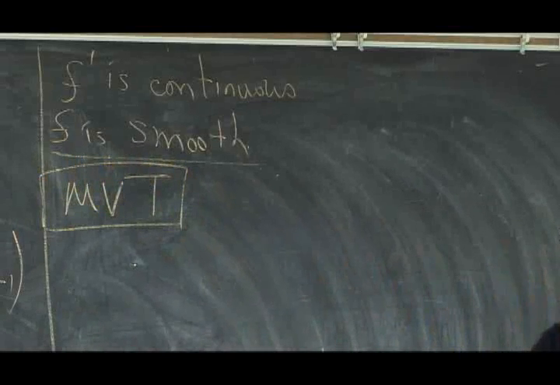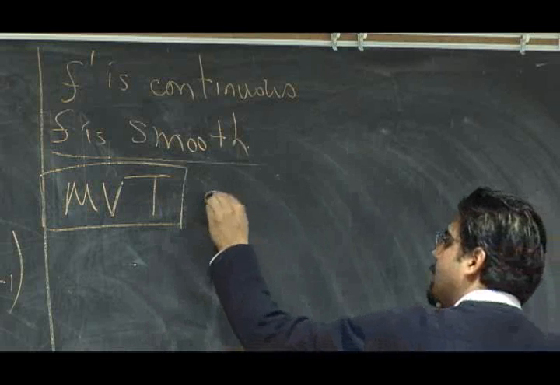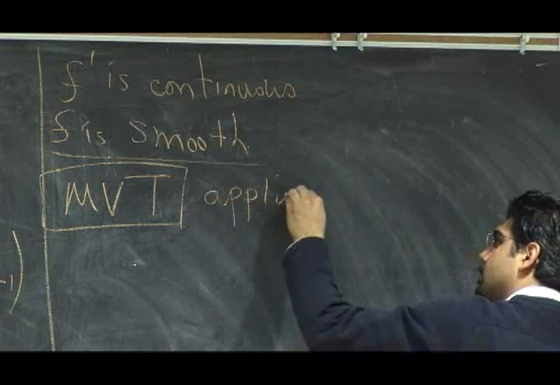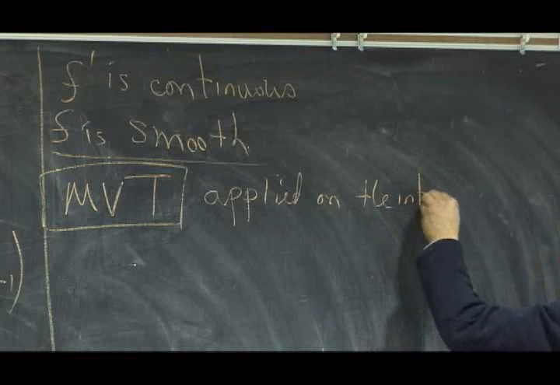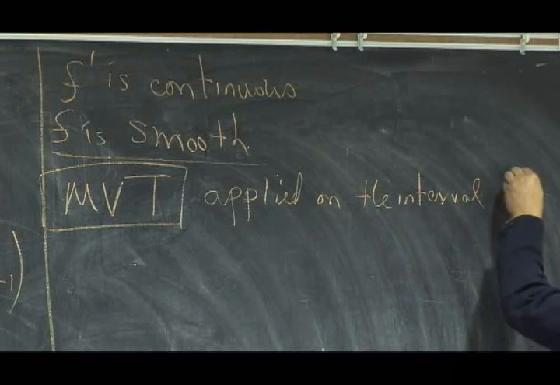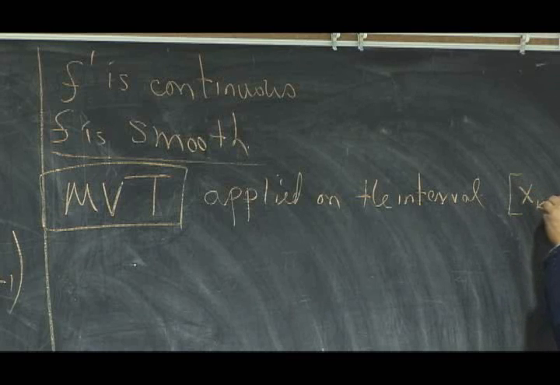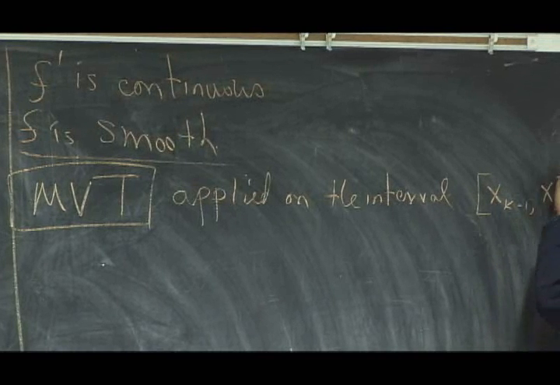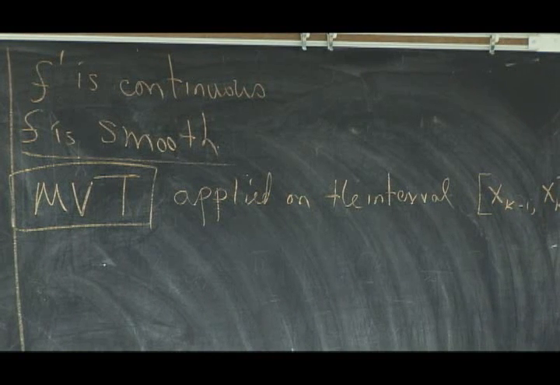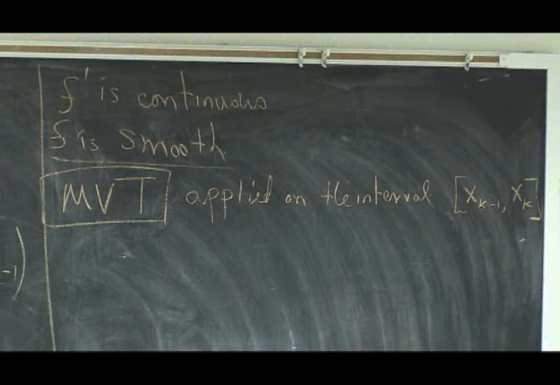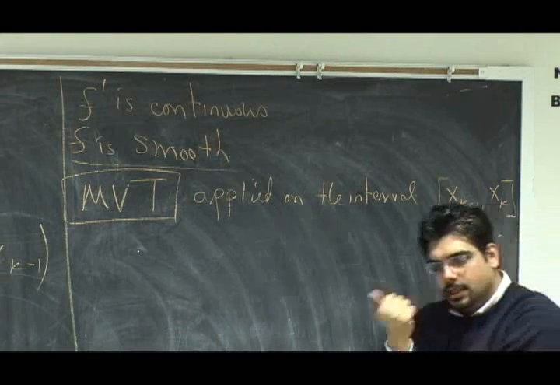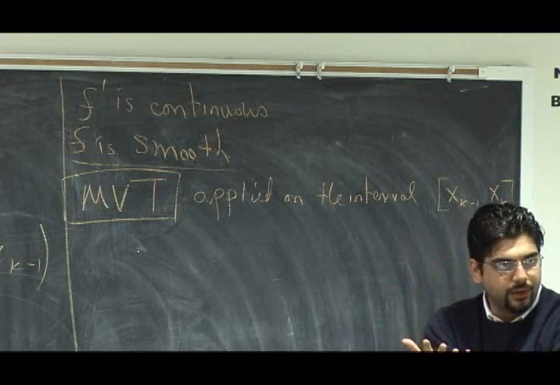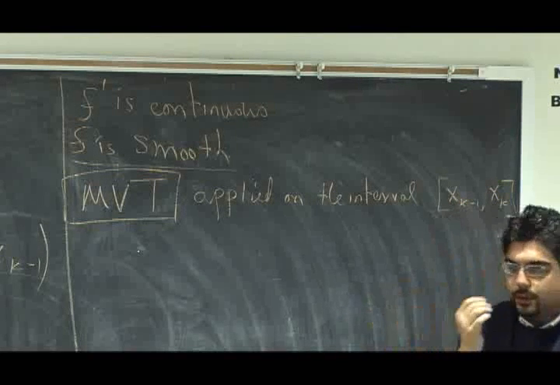The mean value theorem applied on the interval x sub k minus 1, x sub k. If you apply the mean value theorem on this interval, the conditions are satisfied. F is continuous and differentiable on the closed interval.